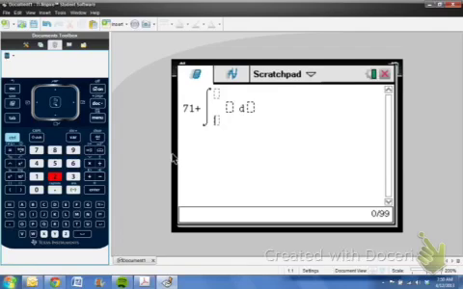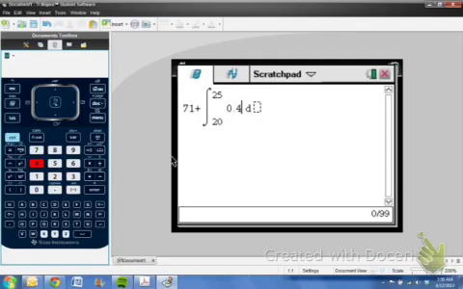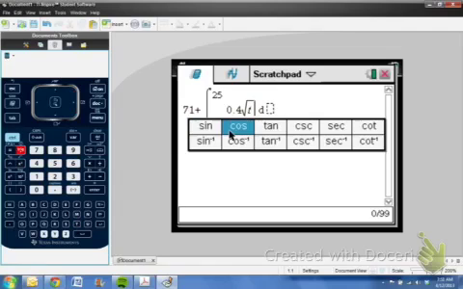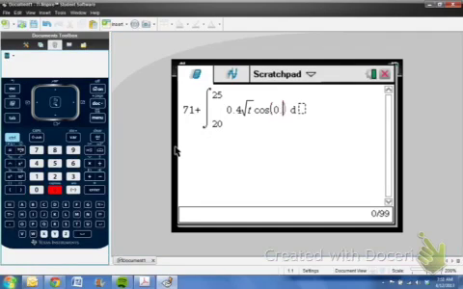The integral from 20 to 25. And then I'm going to type that function in. So it's 0.4 square root of t cosine of 0.06t dt.